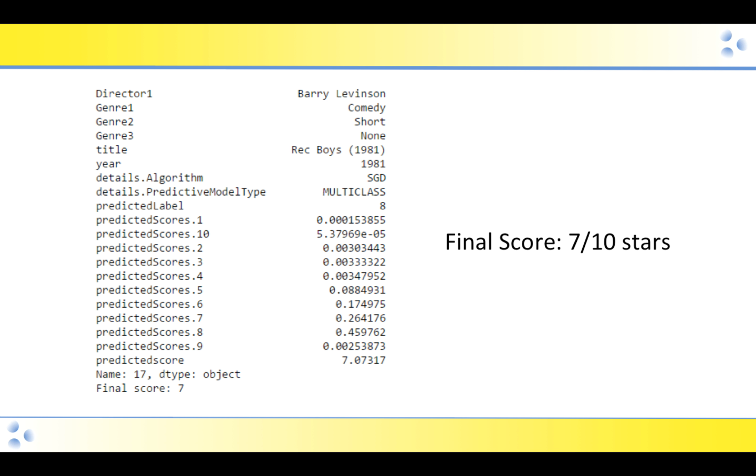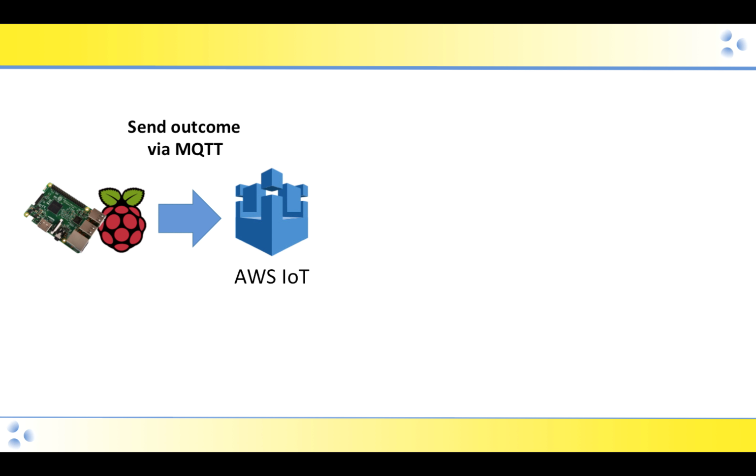So this was the final score it predicted would be a 7 out of 10, and my random number generator weighted based on the predicted scores picked a 7, and so it produced a final score of 7 out of 10 stars for the Barry Levinson comedy short, with the random title chosen from all movie titles called Wreck Boys 1991. Which makes sense given Barry Levinson's past and his placement in history. This would fit in reasonably well to the other body of work at that period of time.